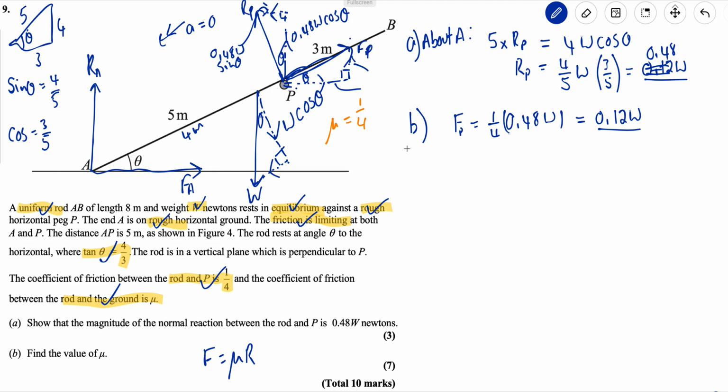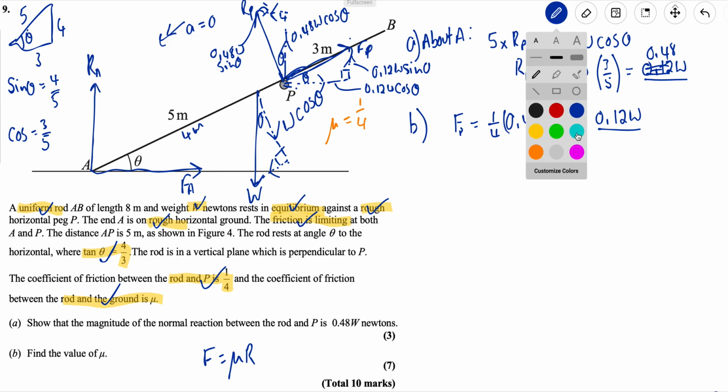So now I can write this force, FP, as 0.12 W. It's opposite the angle, so 0.12 W sine theta, and 0.12 W cos theta. So now I have all the vertical and horizontal components.